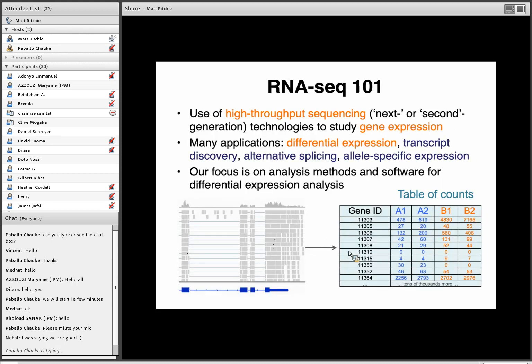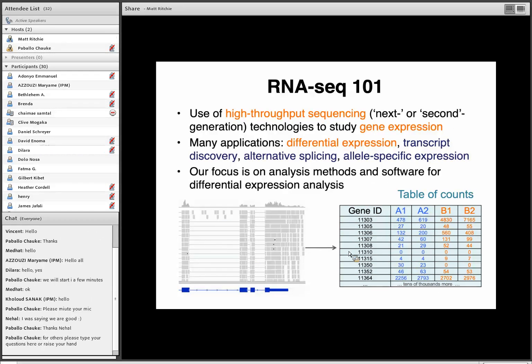So for RNAseq data, just a very brief overview. What we're doing is we're applying high throughput sequencing technologies such as Illumina, next or second generation sequencing, to study gene expression. There's many applications and many cool questions you can ask of this type of data, but the principal one that my research looks into is the question of differential expression.